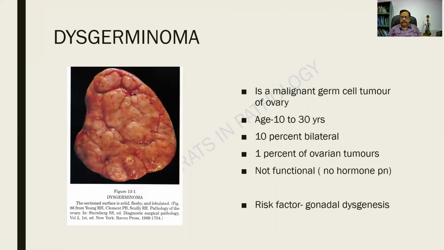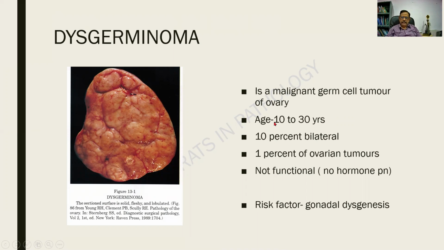I think we'll go on to the next topic, dysgerminoma. This is also a repeatedly asked university question, usually a short note. It is a malignant germ cell tumor of the ovary.